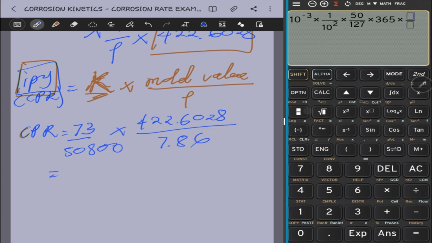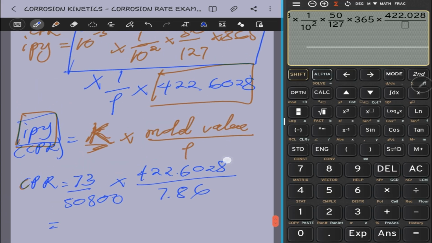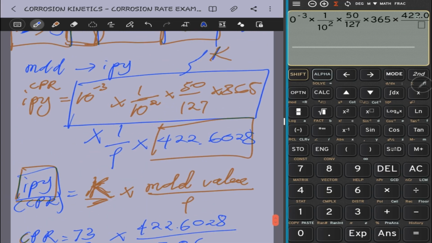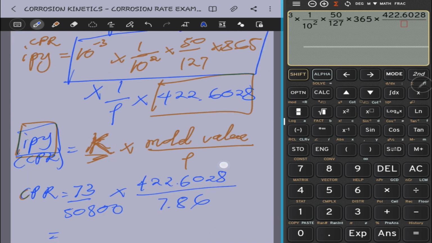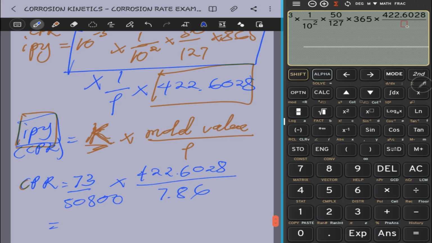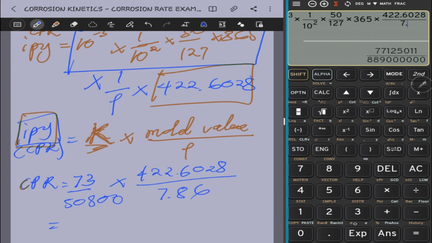All right, and then we have 422.6028, and then we have the density, which is 7.86.